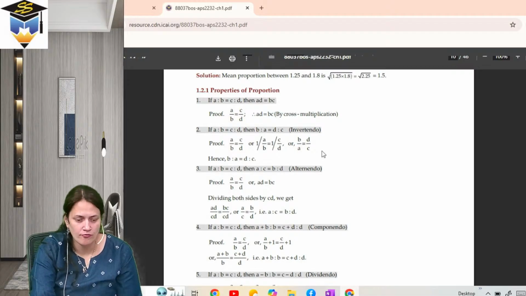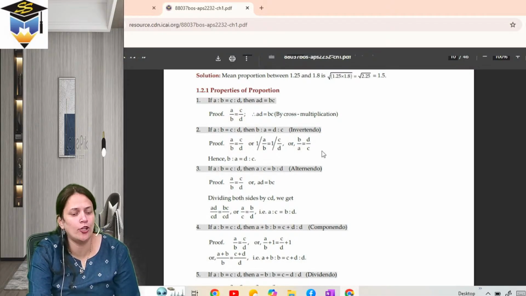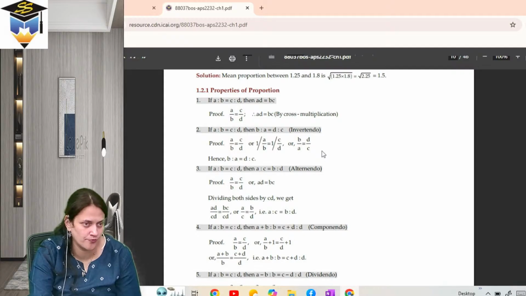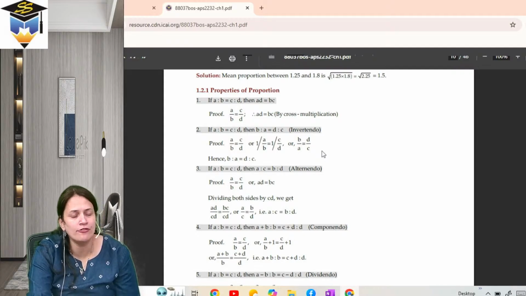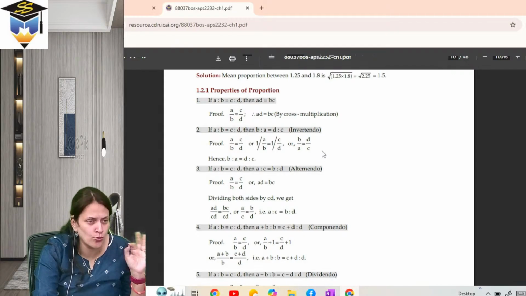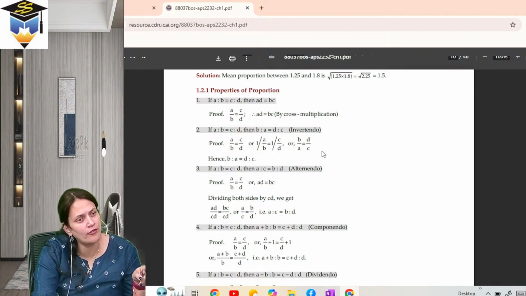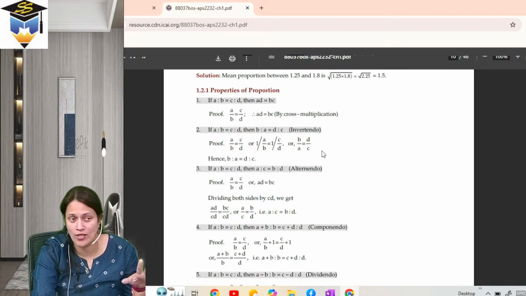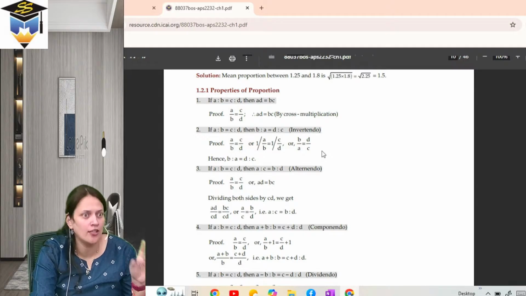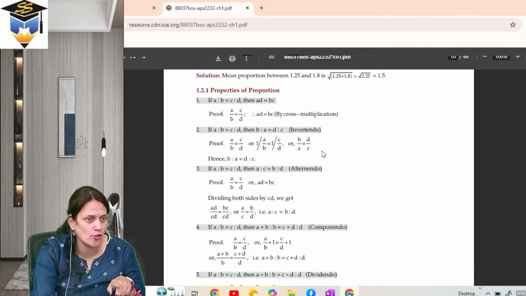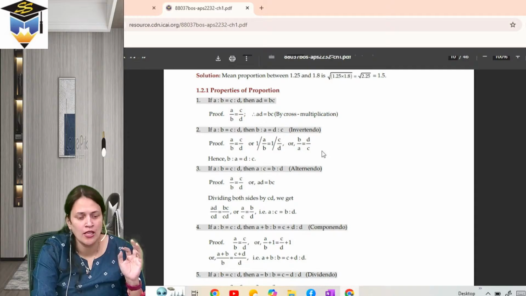Now we talk about alternando, invertendo and componendo. In your school, in 9th standard under the SSC board, you must have learnt about all these properties of ratio.